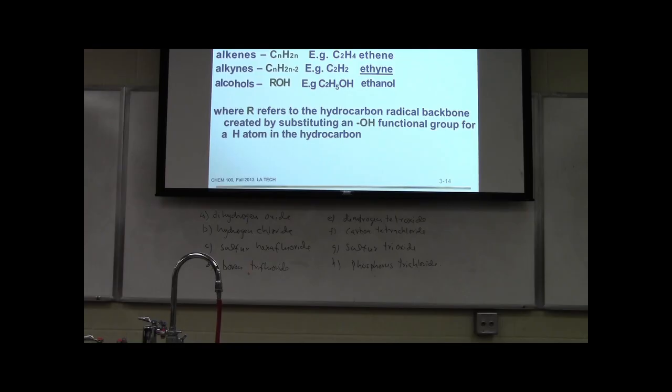What are the characteristics of alkanes? They are carbon-hydrogen compounds. They could be straight chain or branched chain. They always have the formula CnH2n+2, right? All right.